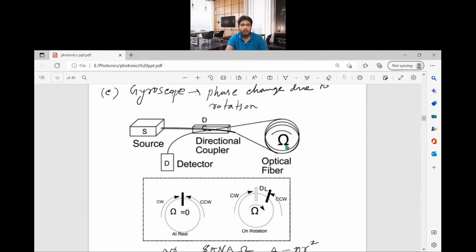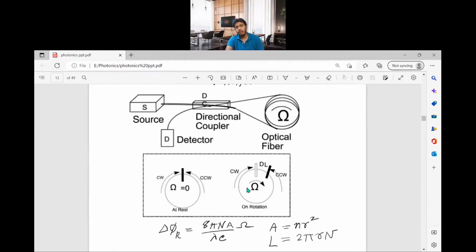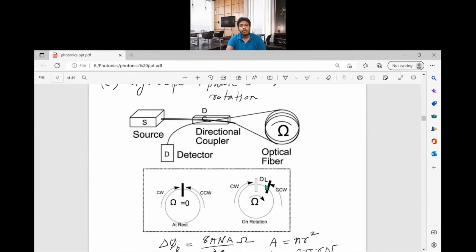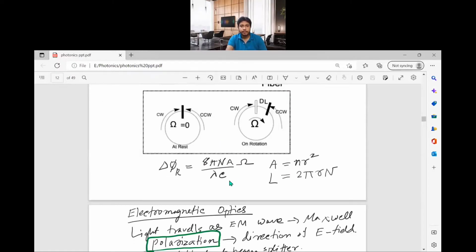Now, if you rotate this system, you have a different path difference for the clockwise and counterclockwise waves. So if you move the system in the clockwise direction, the clockwise wave has to travel a longer path compared to the counterclockwise path. So you have a phase difference in that. So from the phase difference, you can measure the angular rotation. Okay, so this is the relation.